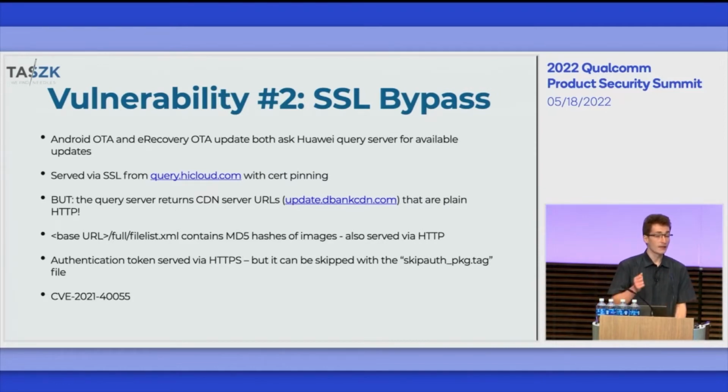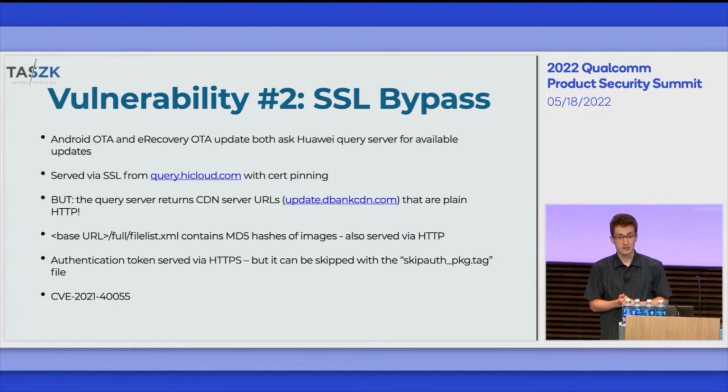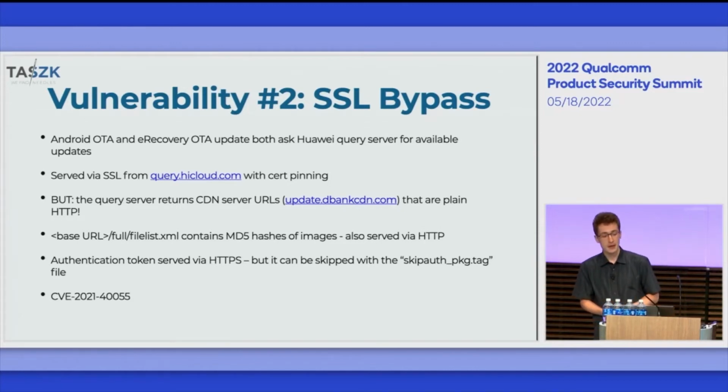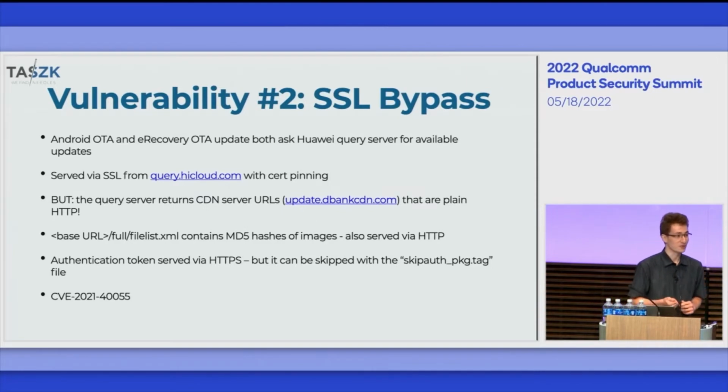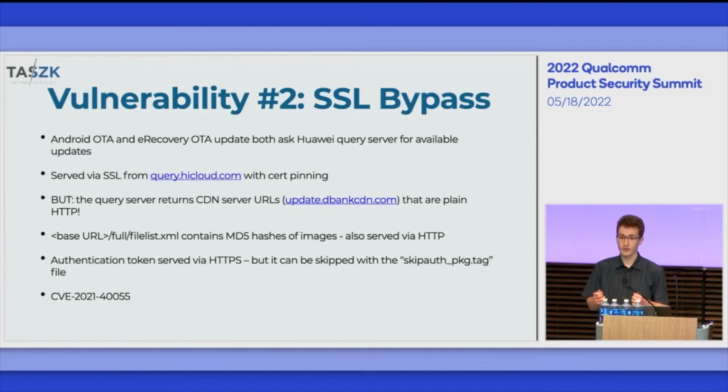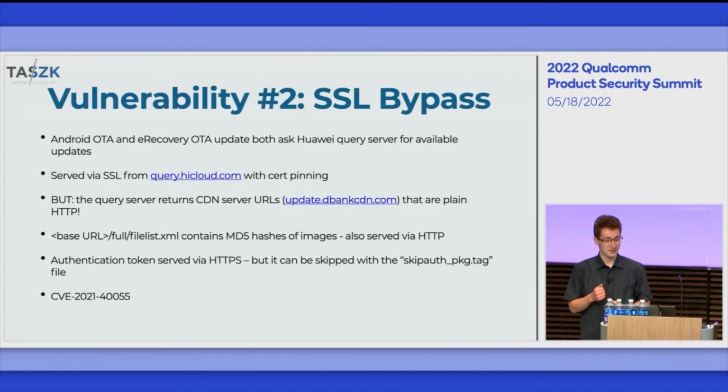And also the certificate for this HTTPS is pinned for the program, so it's not feasible to impersonate the update servers. But the response of this query server contains a big XML file detailing the firmware versions and the download links, and the download links are plain HTTP.